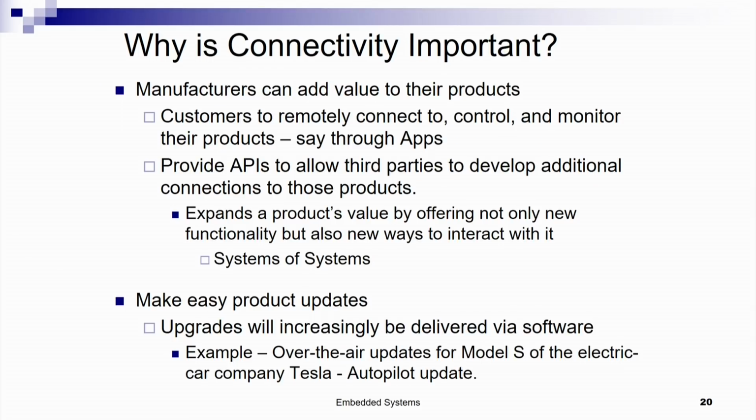For example, updates for the Model S of the electric car company Tesla, the Autopilot. The Autopilot update is software which can be provided over the air. So, over the internet at night, let us say, the Autopilot of my car, which is sitting in the garage, can be updated over the air.